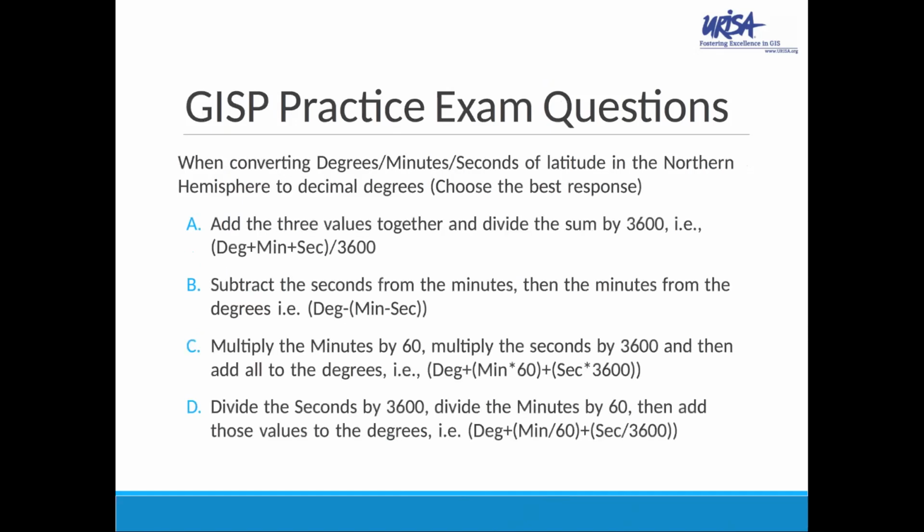So when looking at converting between degrees, minutes, seconds of latitude in the Northern Hemisphere to decimal degrees, what steps should you take? So do we add them together and divide by 3,600, which would be 60 times 60 seconds times 60 minutes to get to hours?